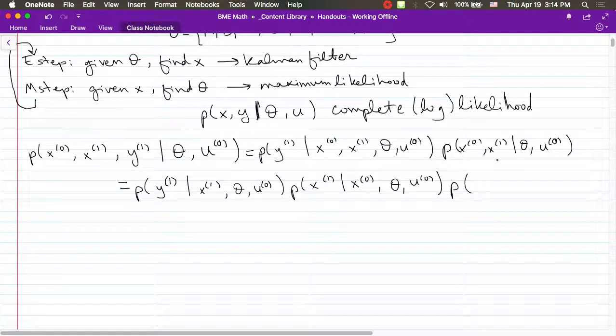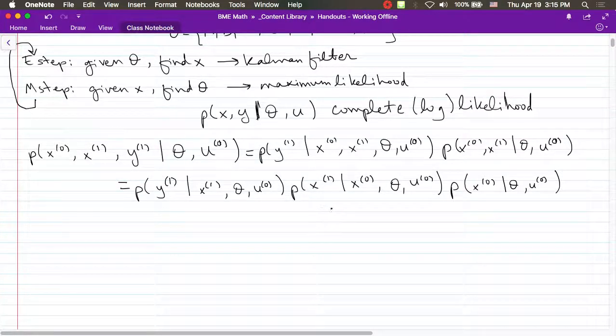So look, I took this joint probability, I'm writing it as a conditional probability times what? Okay, very good. So look, I took my first measurement and I wrote it as a multiplication of three probability distributions.